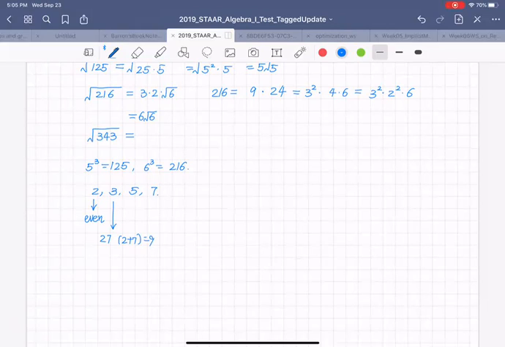Yeah. Or 3, 1, 2: 3 plus 1 plus 2 equals 6, so I know this will be divisible by 3 for sure. For 5, if the last digit is 0 or 5, it's going to be divisible by 5.